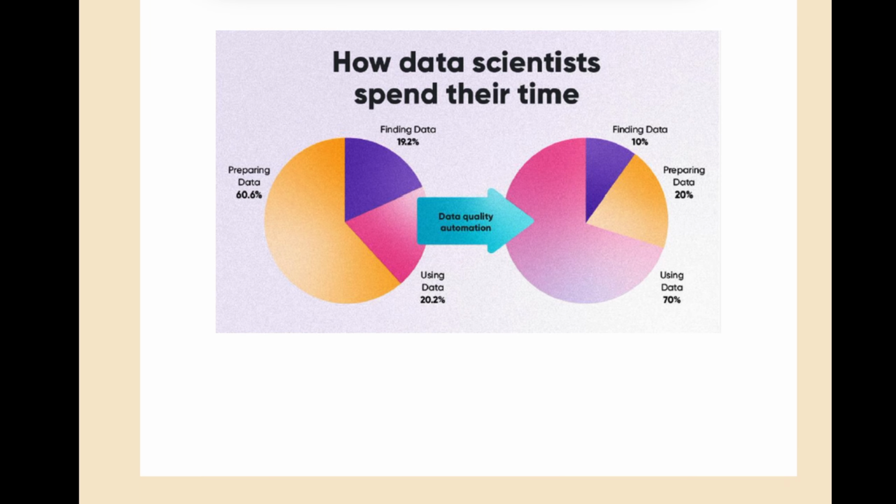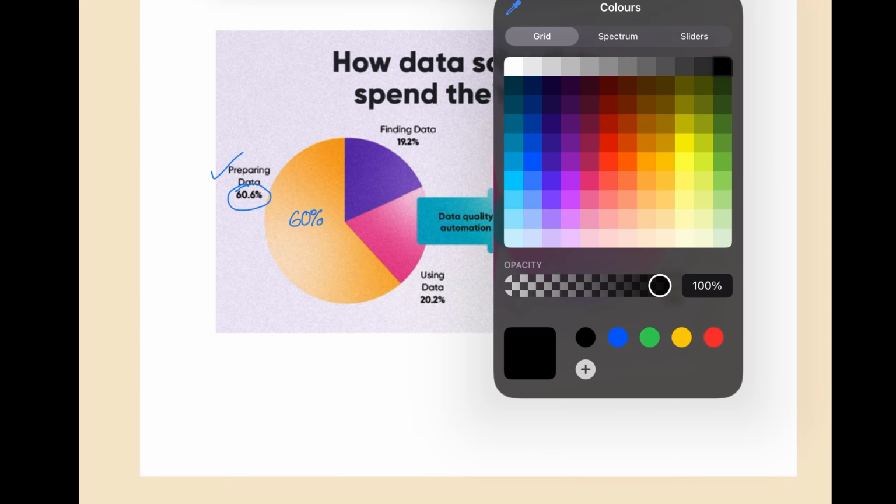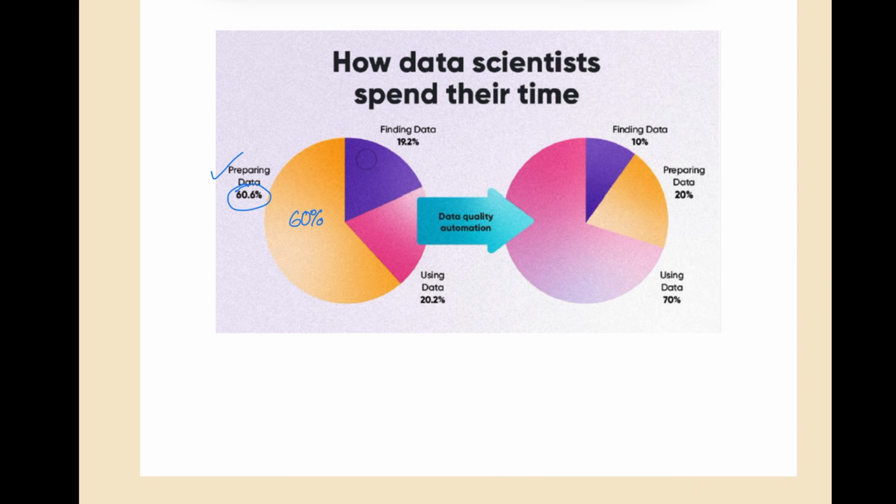How do data analytics professionals and data scientists spend their time? Data scientists spend 60% of their time preparing the data, then finding the data takes 19% of the time, and using the data takes 20%.